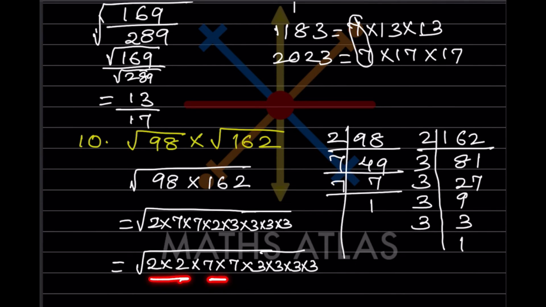If you want, we can put directly the line over here. So these are the pairs. Now we are going to write it only once. So that will be 2 into 7 into 3 into 3. So that is going to be 14, 14 into 3 is 42, and 42 into 3 is 126. So the answer is 126.